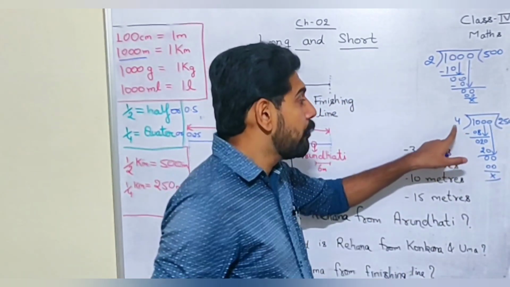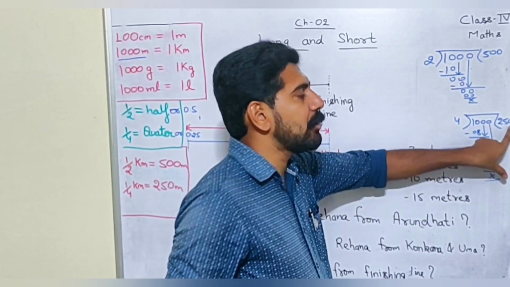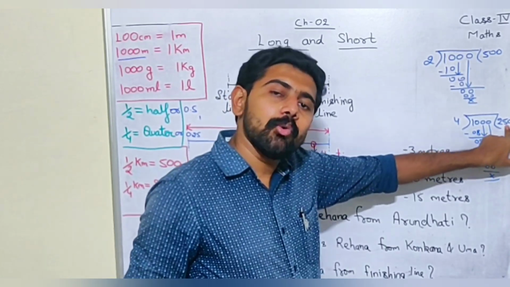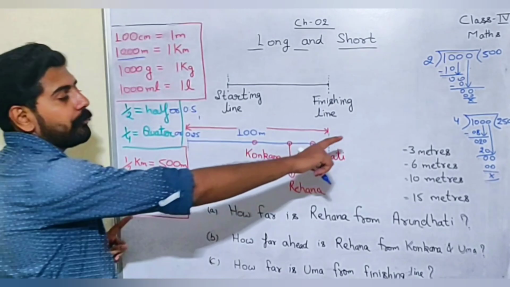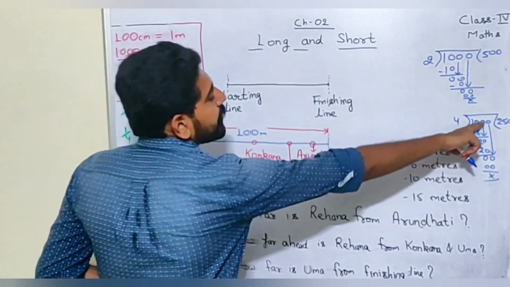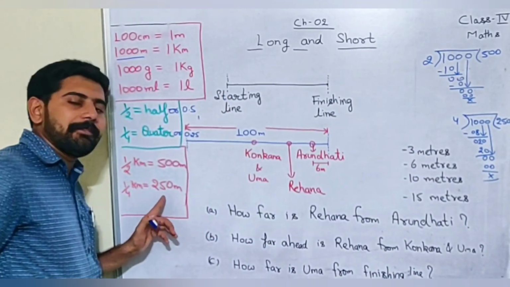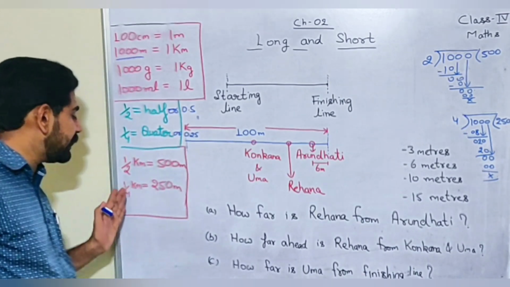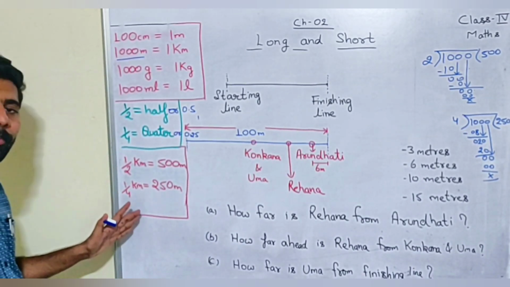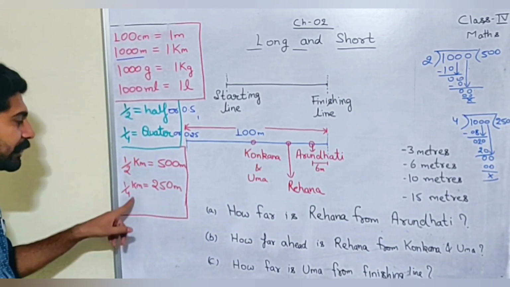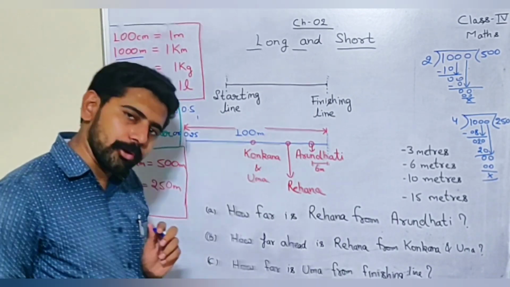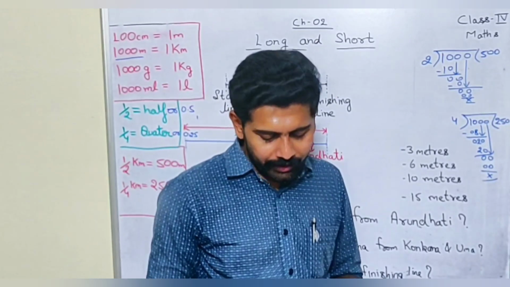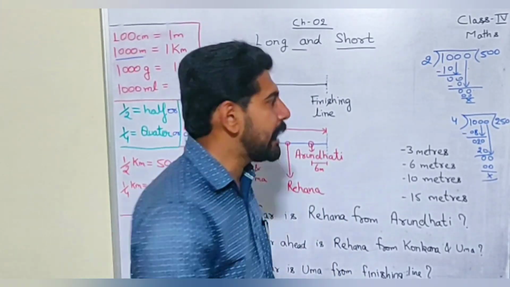That means 1 by 4th of 1000 meters will be 250. Sorry, 1 by 4 of 1000 meters will be 250 meters, or we can say that 1/4 kilometer will be 250 meters. Got it? Okay. Shall we proceed to the next?